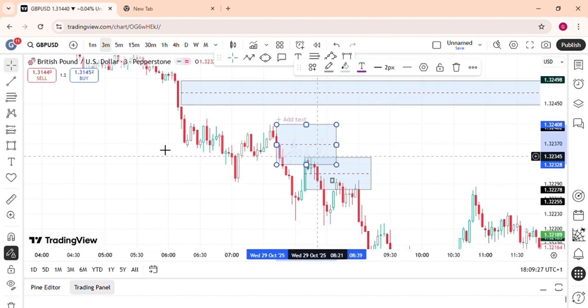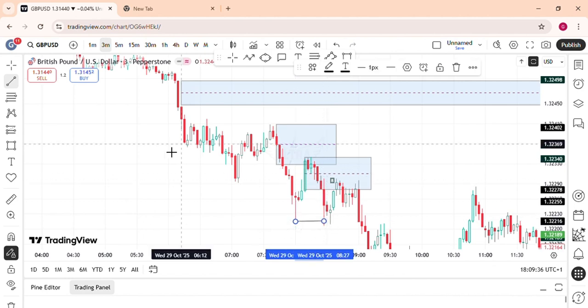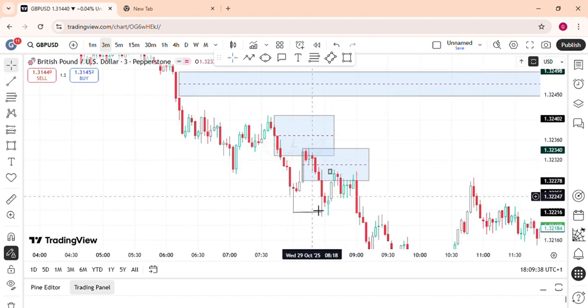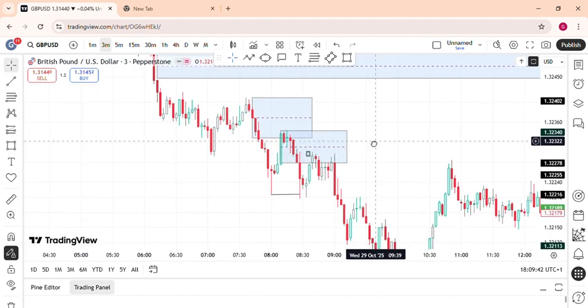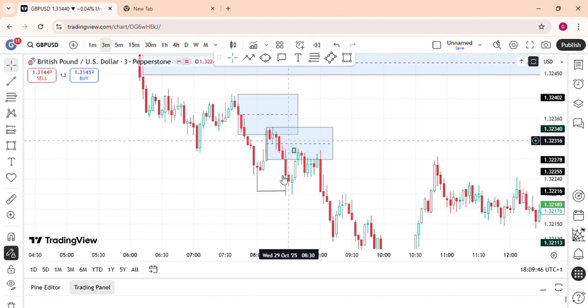You can see a break of market structure here and a newly formed fair value gap right here. Fair value gap here on our trade number 8. And the next is a newly formed fair value gap and an entry, giving us a bearish position here.